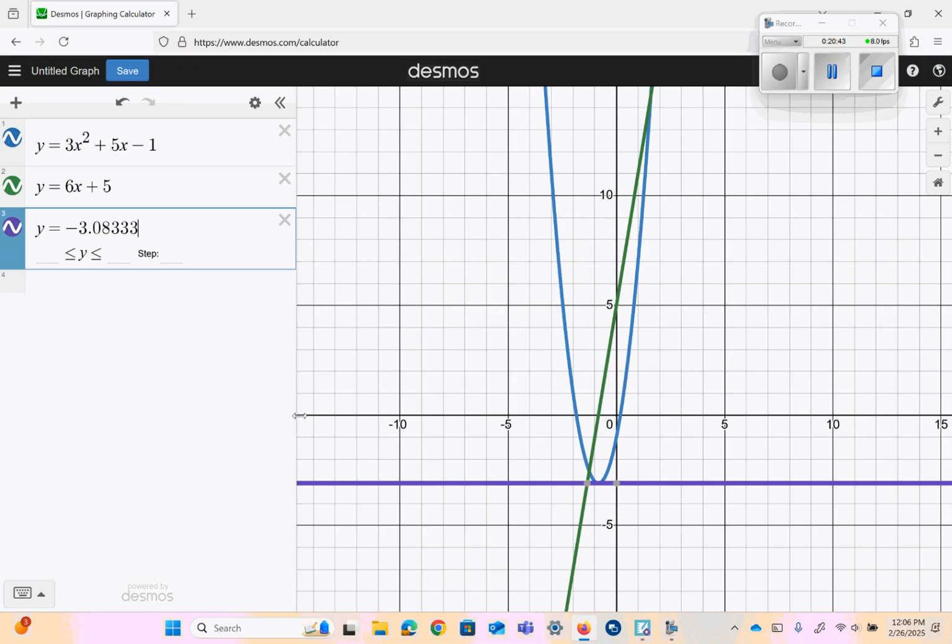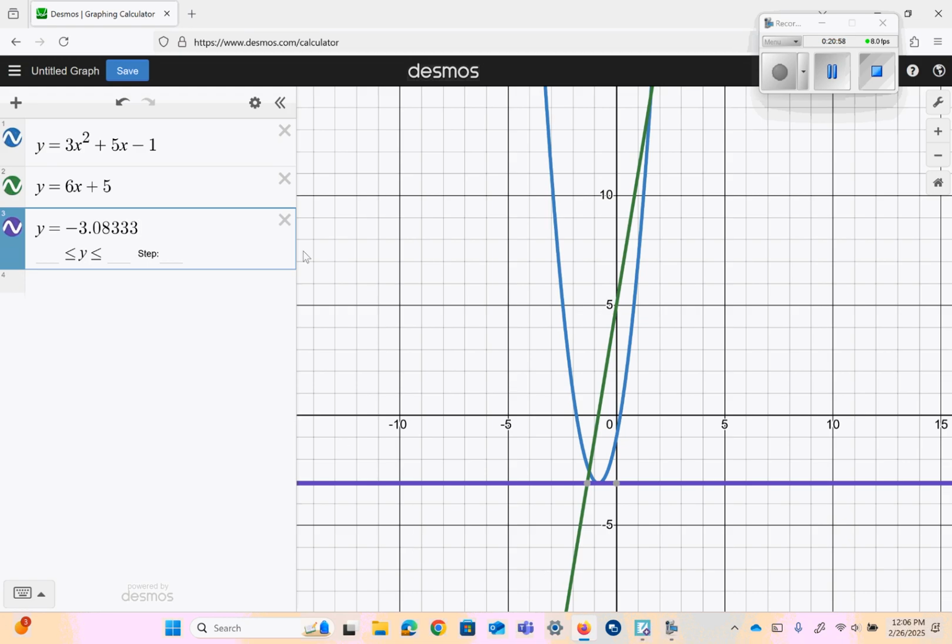So that purple line is where the direction of our parabola changed from going down to going up. That's just some visuals of what's taking place.